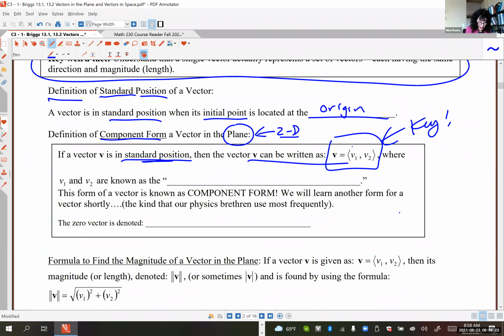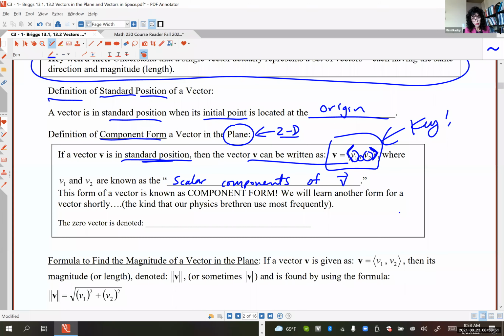Okay, you've got these angular brackets like this, and you're going to be drawing angular brackets on your handwritten work, and then two numbers separated by a comma inside of the angular brackets. Now those two numbers, they're just going to be pure numbers, are known as the, quote, scalar components of the vector v.